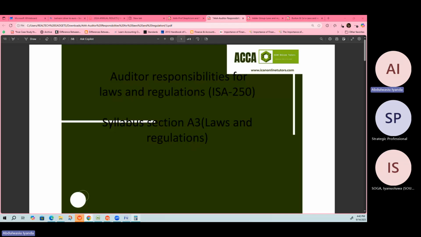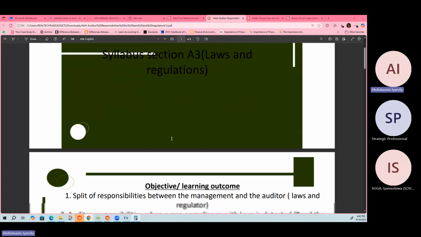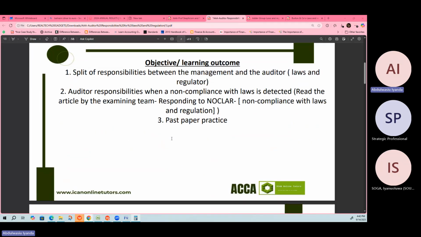So good day and welcome to today's class. Today we'll be looking at the auditor's responsibility when it comes to non-compliance with laws and regulation.